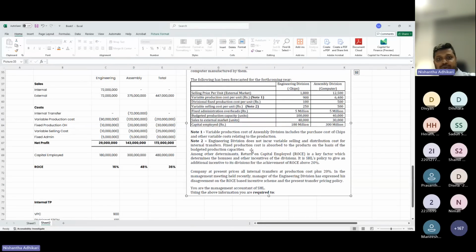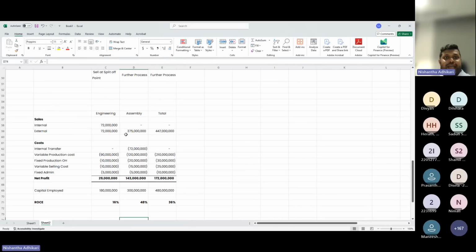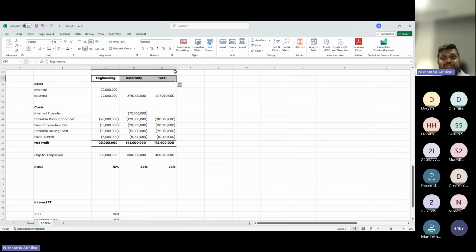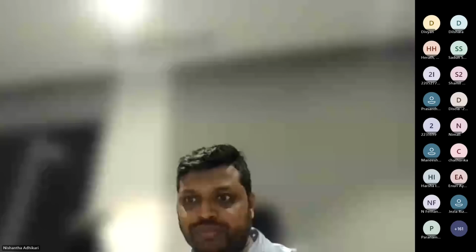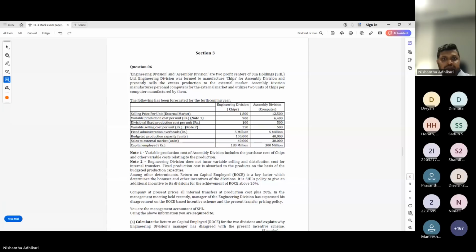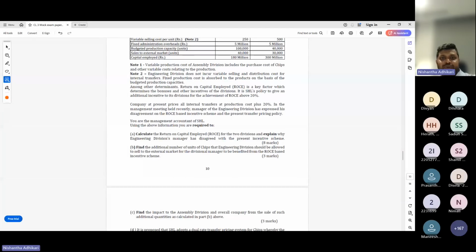Because they are not happy, because they are not entitled to the arrangement. But remember, they can sell any quantity to the external market. The next question they ask: find the additional number of units of chips that the engineering division should be allowed to sell to the external market for the divisional manager to benefit from the ROCE-based incentive scheme.